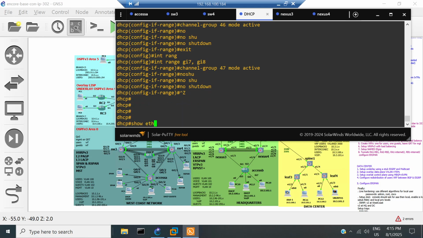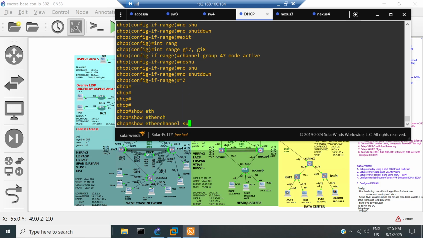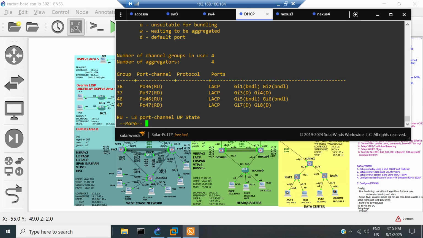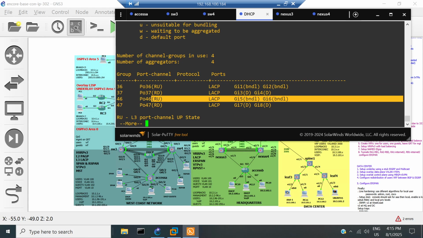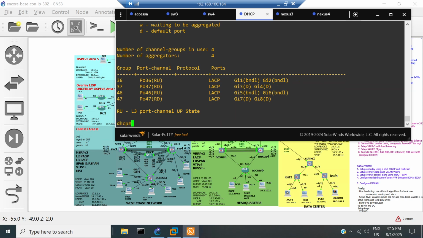So in this router I have seen this came up, this came up. I have this one down because these interfaces are not up.